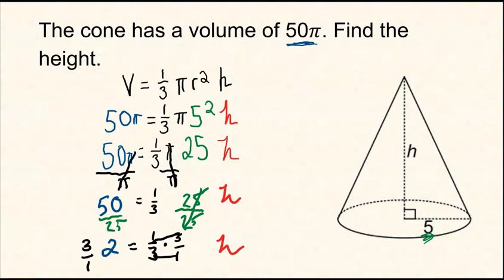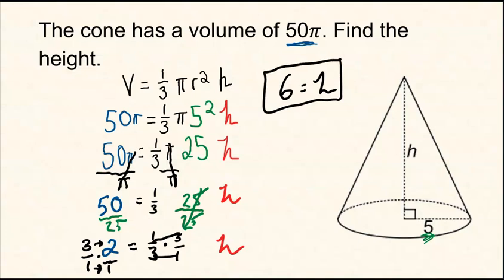So 1/3 times 3 over 1 is 3 over 3, which is 1, which once again no longer affects the right side of the equation. Now I have to multiply 3 over 1 times 2. The way we do that in the textbook is I could put a 1 underneath and then multiply across. So 3 times 2 and 1 times 1 will give me 6. That means 6 is the height of the cone.